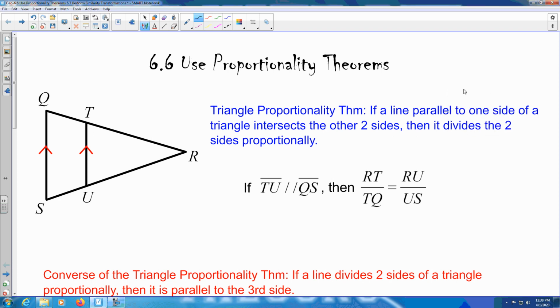All right, we're in section 6.6 where we're going to use proportionality theorems. So there are a few theorems dealing with proportionality.